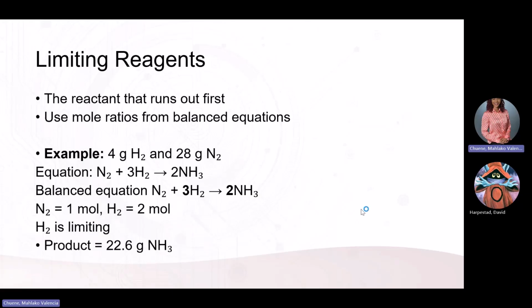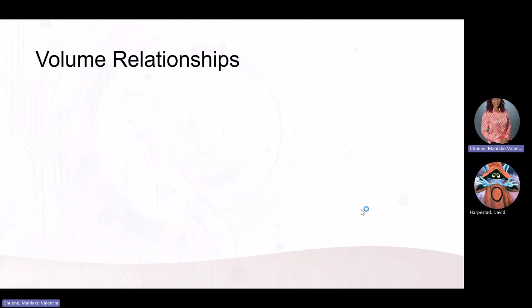All right, now moving on to the next aspect, which is the volume relationships. In the gaseous reactions, this is where volume ratios apply. So this is only for gaseous reactions.